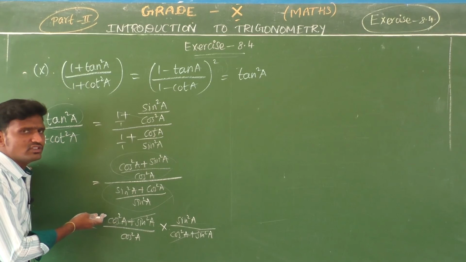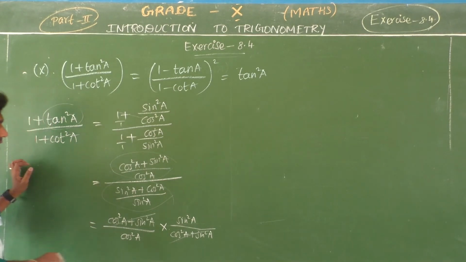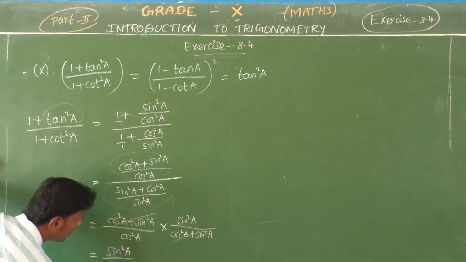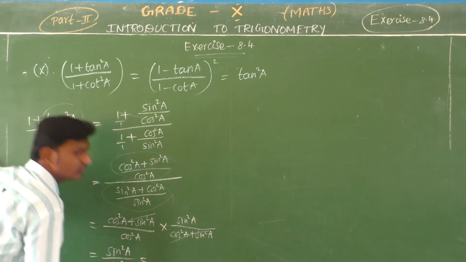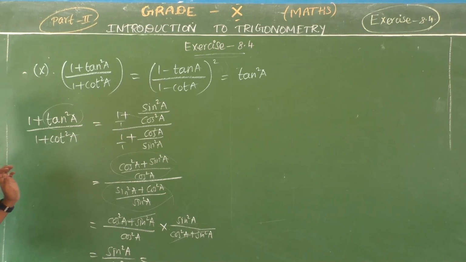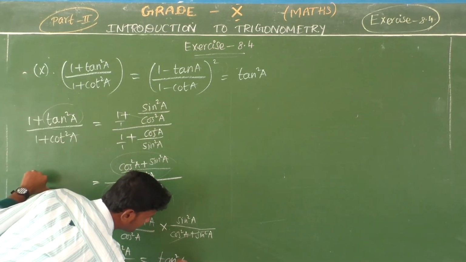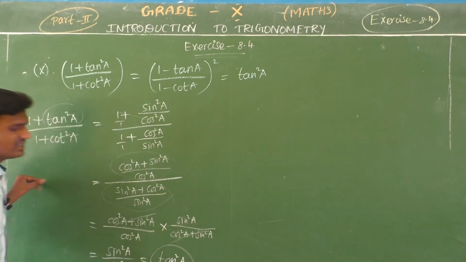So simply you can substitute 1 also, that is your wish. So now 1 into sin square A, sin square A, 1 into cos square A, cos square A. Now sin theta by cos theta is tan theta. So it is very simple, tan square A.